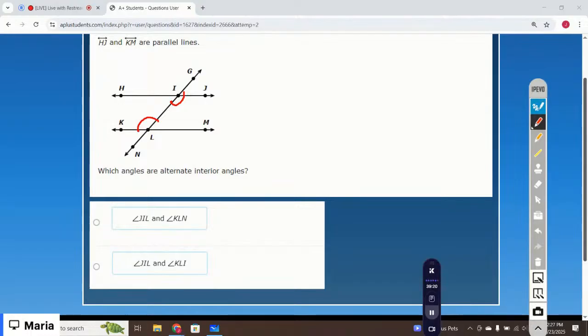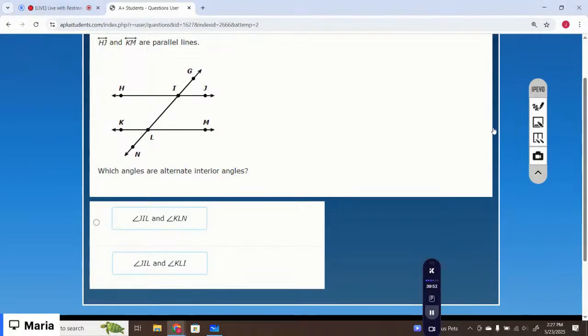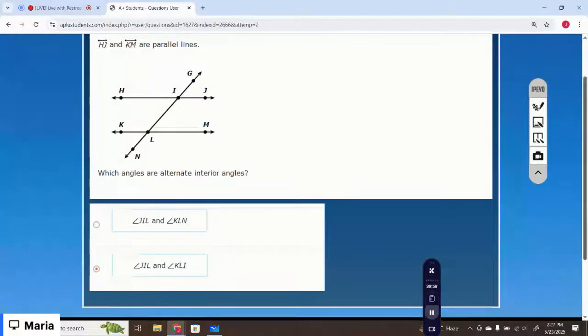Angle JIL and angle KLI are on opposite sides of the transversal. Option 2 is the correct option. That is, JIL and KLI is the correct option.